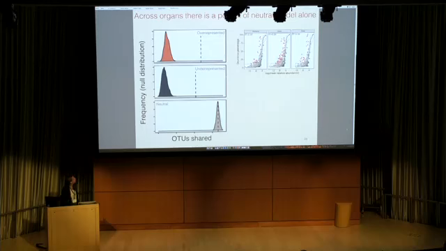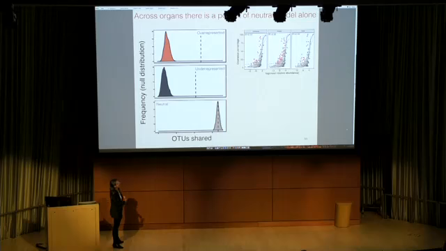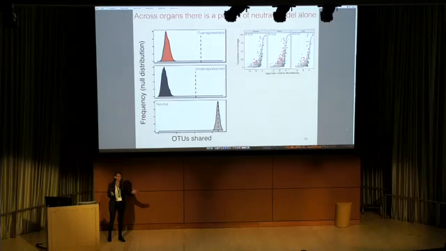But the ones that are overrepresented or underrepresented are actually more shared between organs than what we would expect just by chance. So the ones that are being selected by the flower are also being enriched in all the other organs as well.